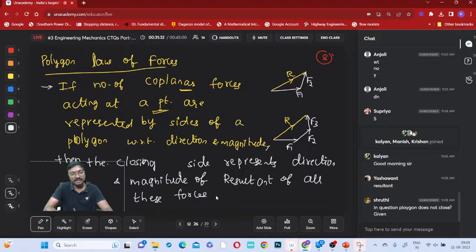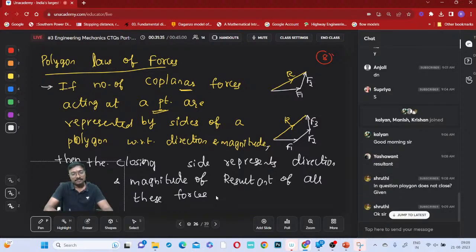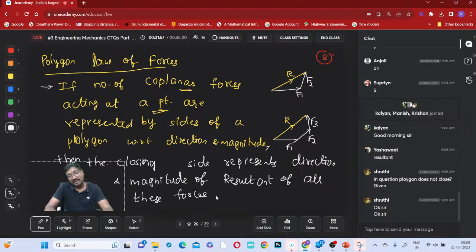Here we are just writing the polygon law of forces only. Because if I directly write that, then again people will ask, sir, what is this law? Then I have to explain it. So that's why I have first explained this polygon law of forces. What will happen if it is closed, and if it is not closed, I'll explain after this. First we have to go from the basics to this specific condition.